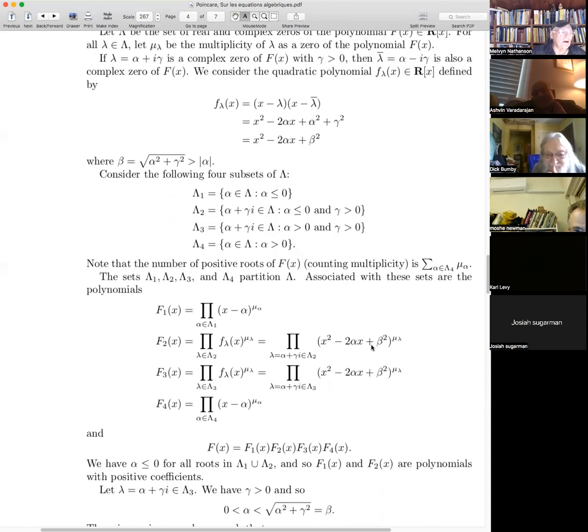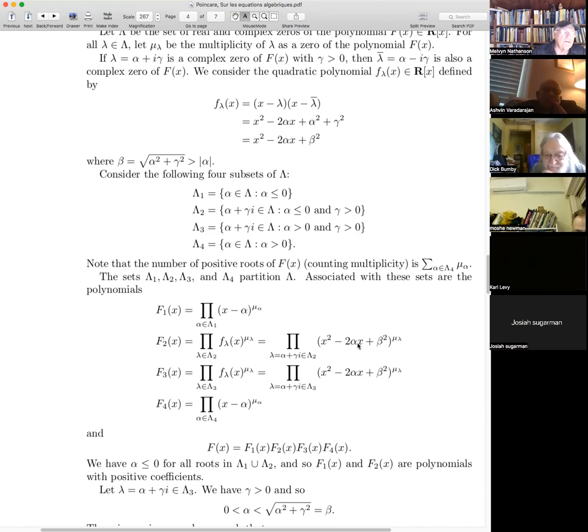Okay, so now, notice in lambda 1 and lambda 2, the alphas are all less than or equal to 0. So if alpha is less than or equal to 0, F1 is a polynomial all of whose non-zero coefficients are positive.